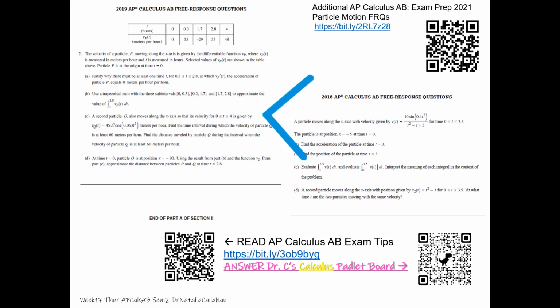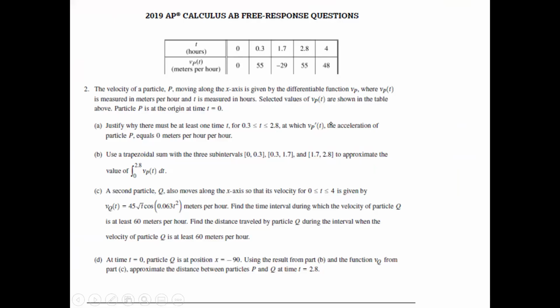So this is number 2 with a calculator on the 2019 free response question. So take a look at this one here. 4 parts. All right, let's go ahead and try to tackle this.